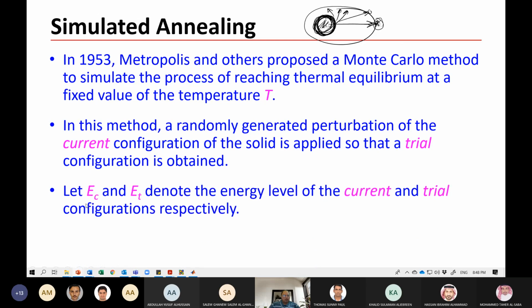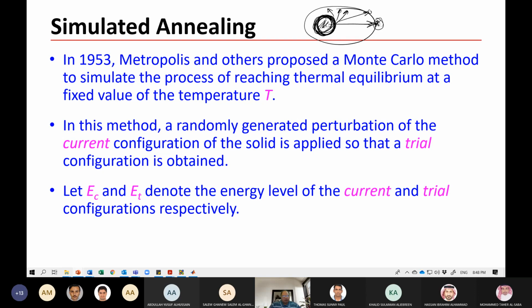So let EC be the energy of the current configuration, and ET the energy of the trial configuration. This is the current configuration, and any one of those will be a trial configuration. A configuration represents a solution in an optimization problem.